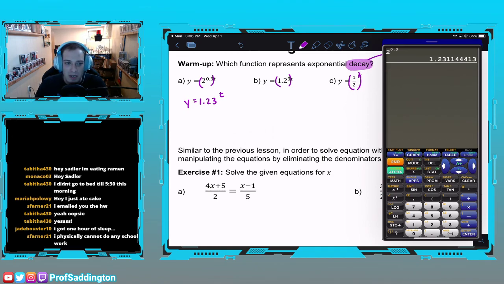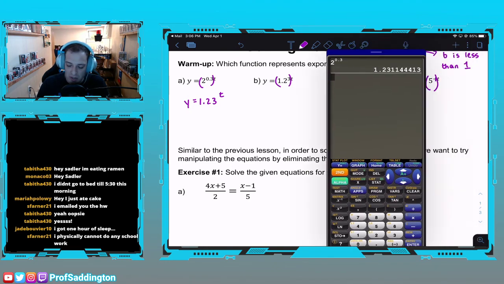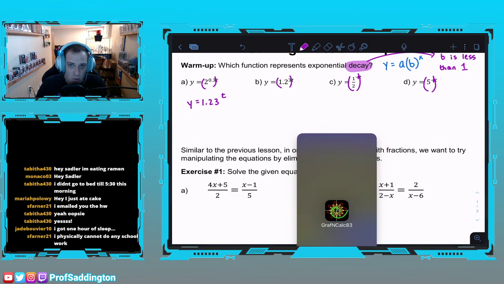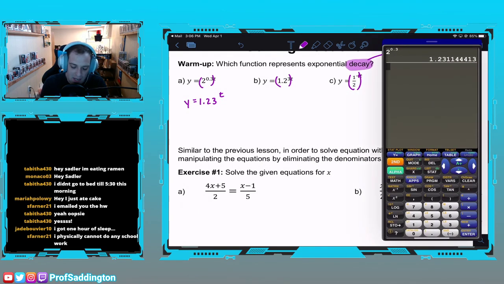This question was asking, is it exponential decay? So if you look at part A, and if you look at your b value now, it's 1.23 to the t power. 1.23 is not less than 1, so that means A is not the correct answer. This is actually growth, because our b value was larger than 1.